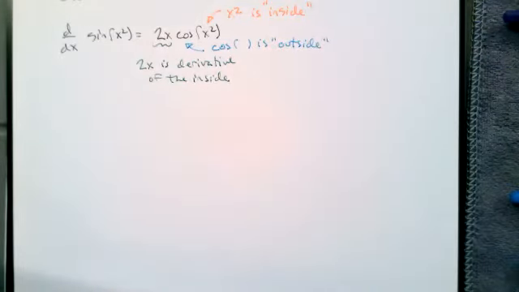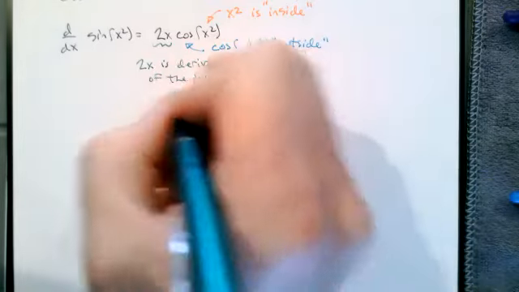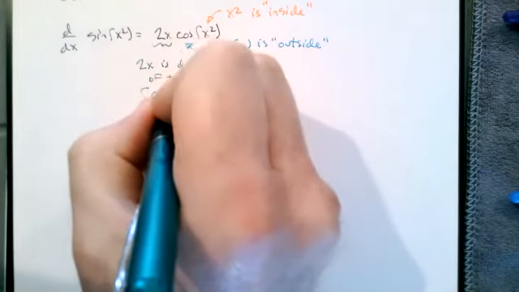I'm just trying to use the common language that's used in a lot of different calculus classes. Cosine of the thing is the outside function. X squared is the inside. 2x showed up in the derivative because it's the derivative of the inside. That's the chain rule.